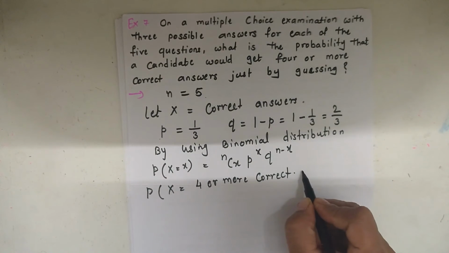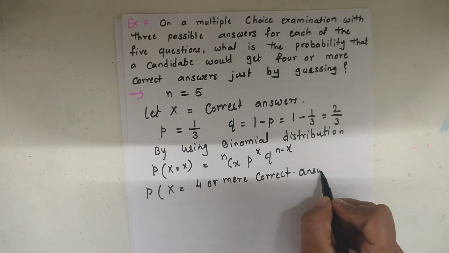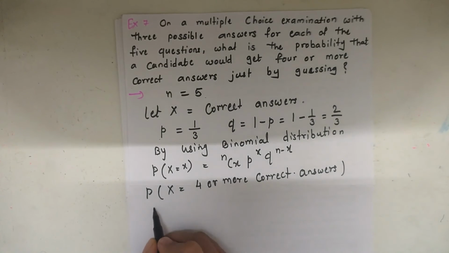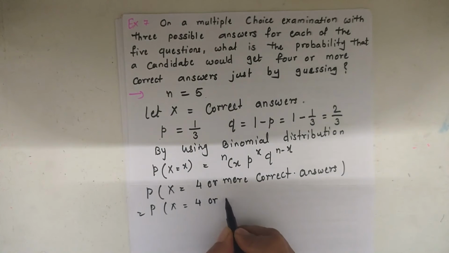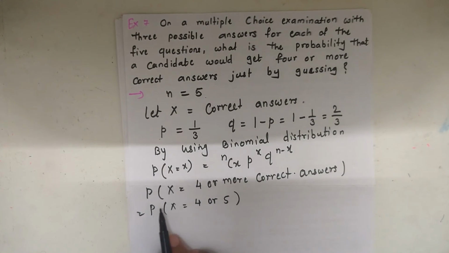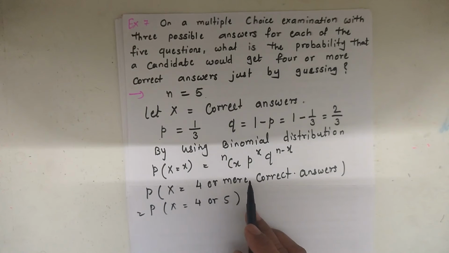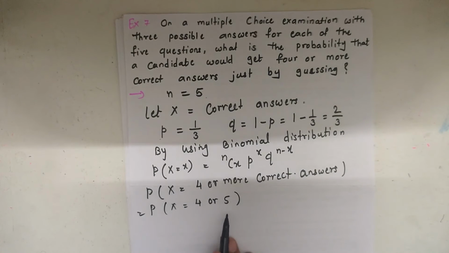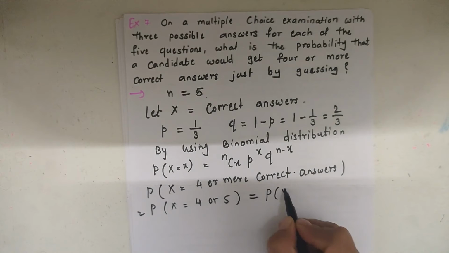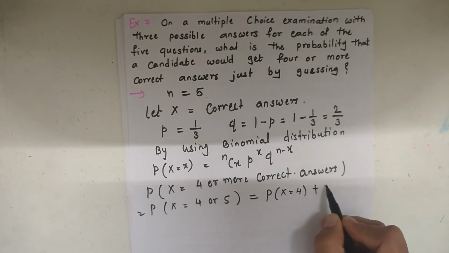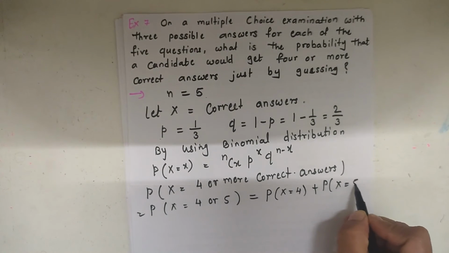So 4 or more answers means the maximum number is 5. So the probability for x is equal to 4 or 5, and this probability can be written as probability of x is equal to 4 plus probability of x is equal to 5.